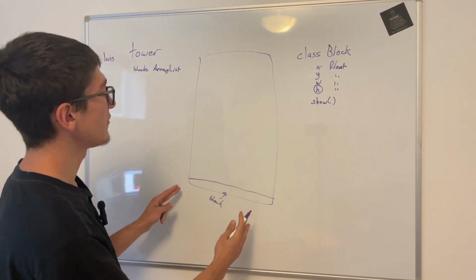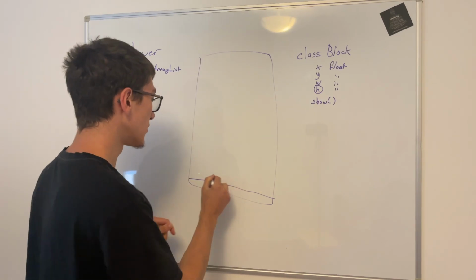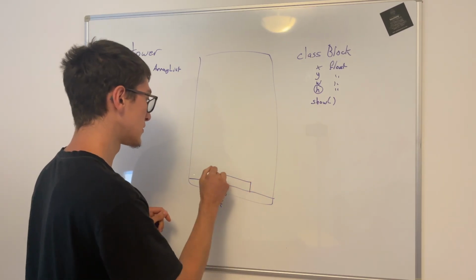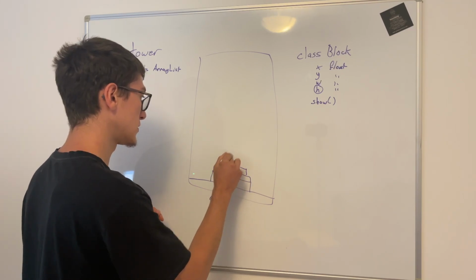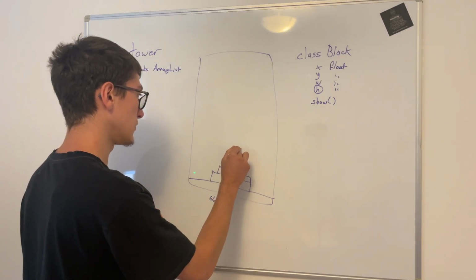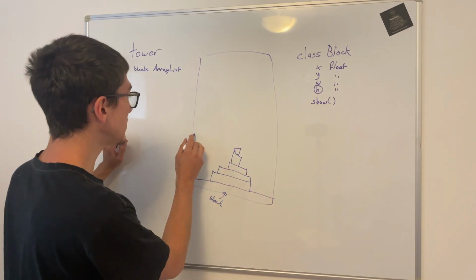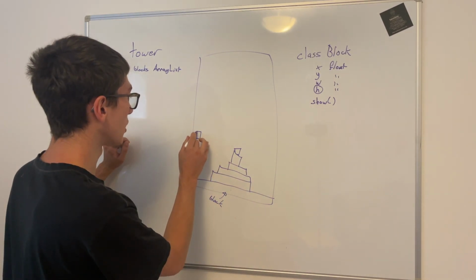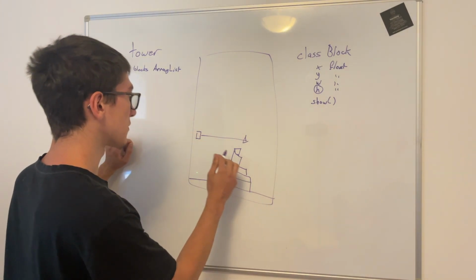So the tower is composed of blocks, right? So this, right? Well, they are not straight, but anyway, right? And we always have one moving block that goes from edge to edge, right?